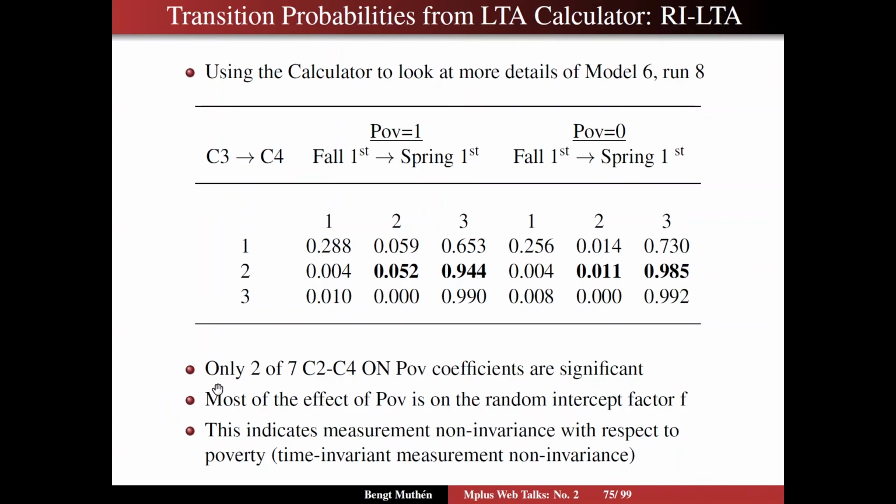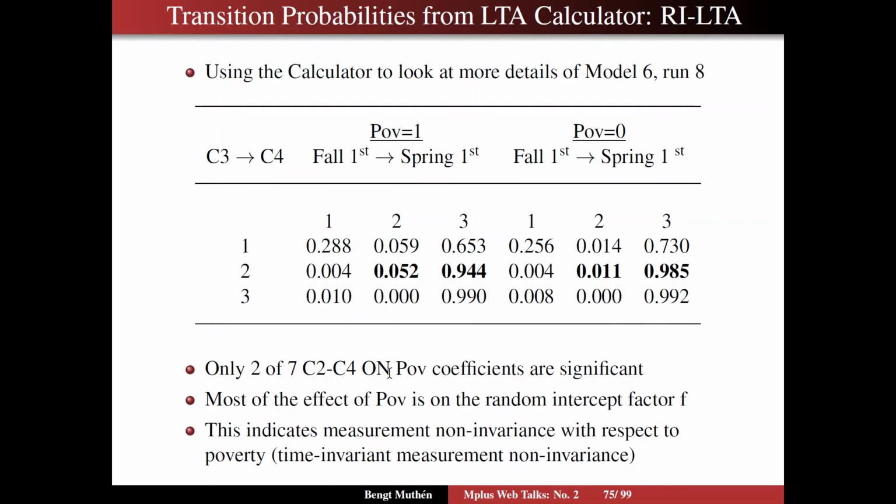And in fact, only 2 of these C2 through C4 effects that indicate effects of poverty on the transitions are significant. So there's less of a need to include those effects.